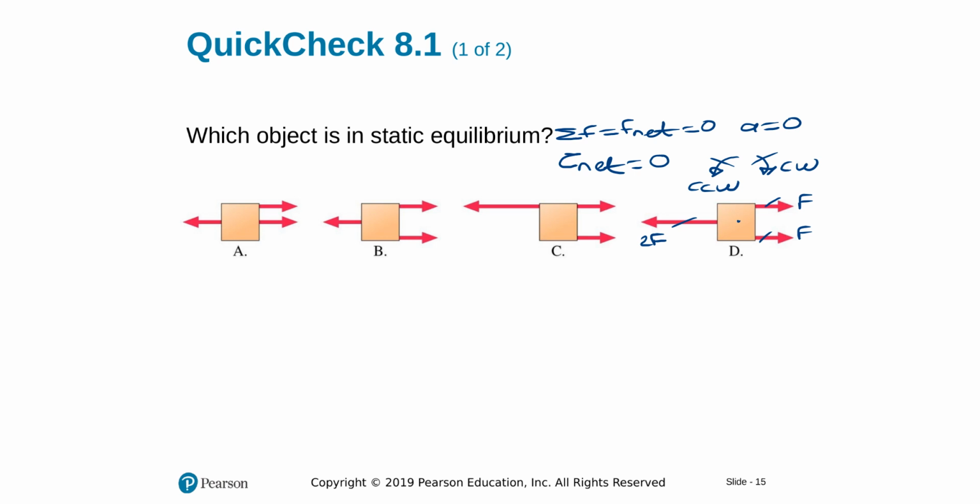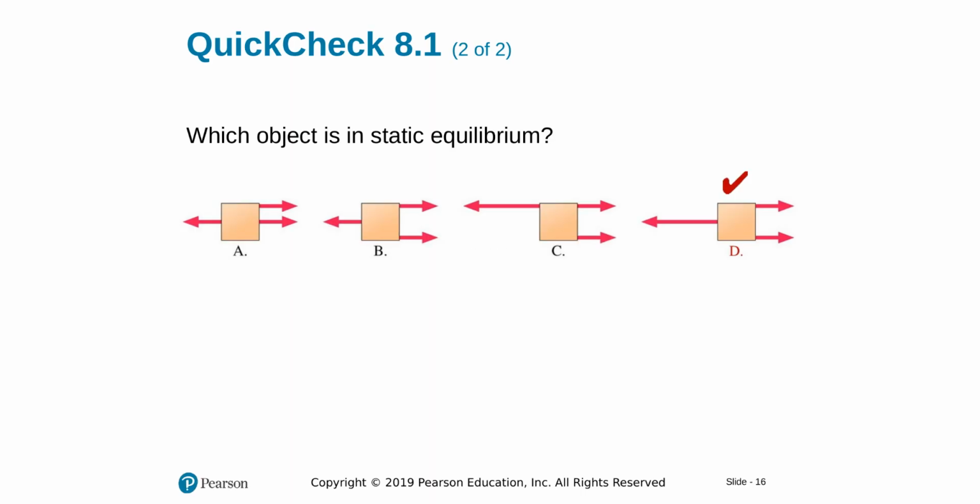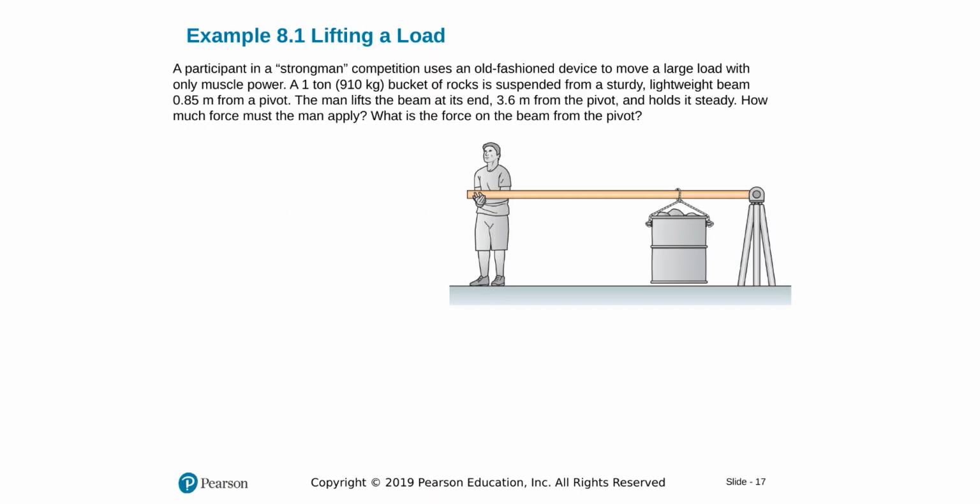This guy is not in equilibrium, for example, because forces are canceling again, but this guy will cause a rotation. In this case, forces do not cancel, plus a rotation happens in this direction. So the last one, D, is the stable one.